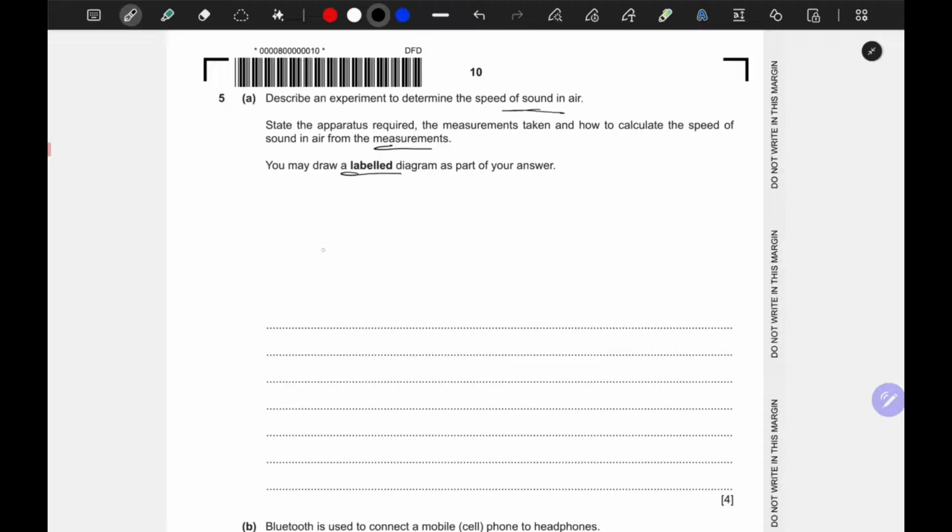We can have someone clapping. Again, forgive my bad drawing. We have someone clapping, and then we have a wall around here, and then we use a timer or a stopwatch.